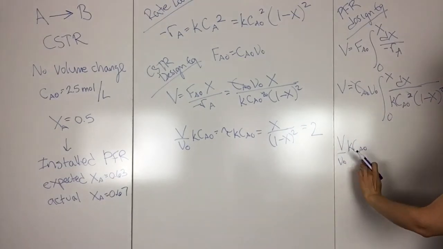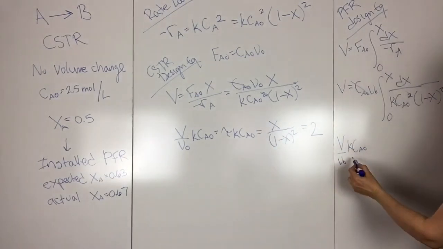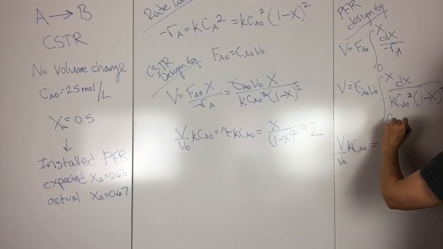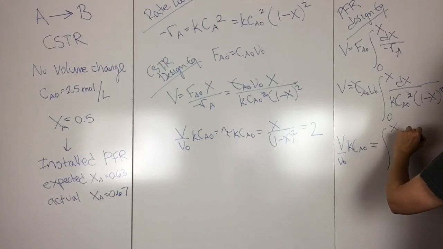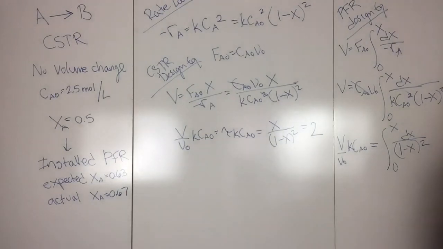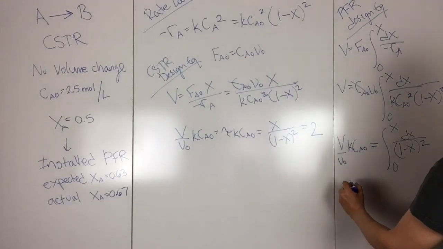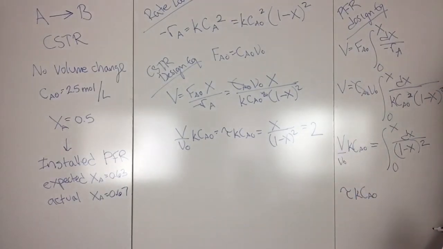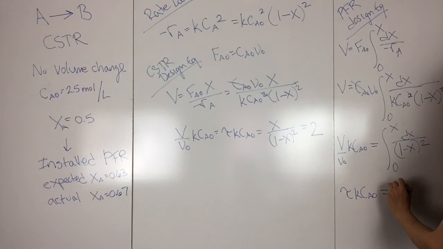You can see that we already know what this is equal to because we got it from the CSTR. So this is equal to the integral from 0 to x of dx over 1 minus x squared. If I solve that, I get tau K CA naught is equal to x over 1 minus x, and we know that that's equal to 2.